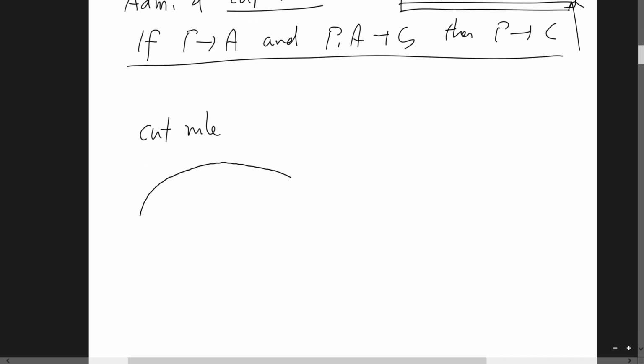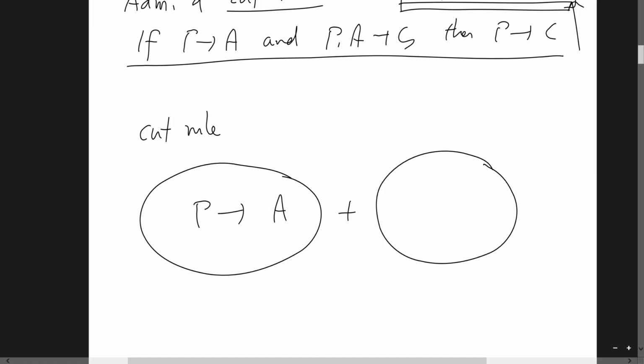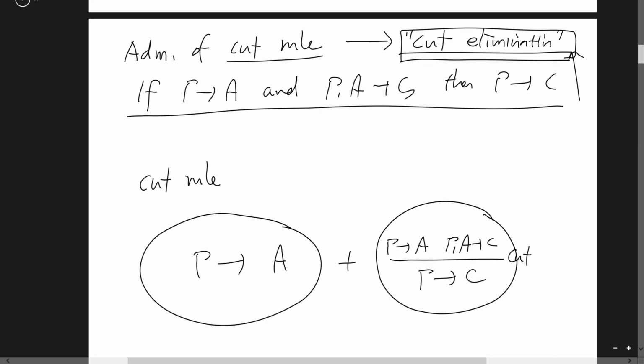Suppose that we have this sequent calculus, gamma right arrow A, and now we add a new rule for the cut rule. So this cut rule is: gamma arrow A, gamma A arrow C, then you deduce gamma arrow C. This is a cut rule.